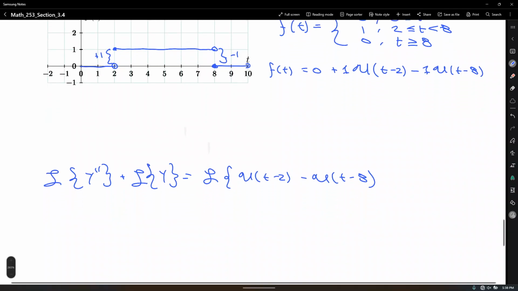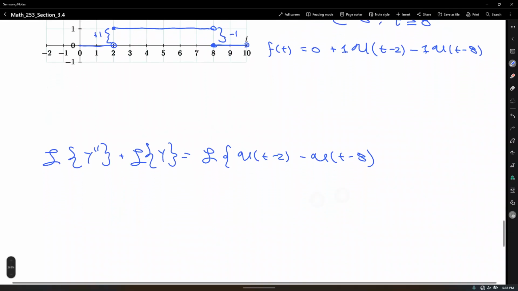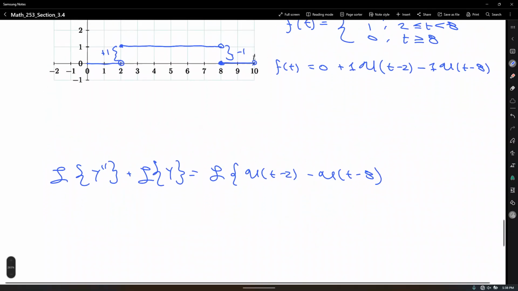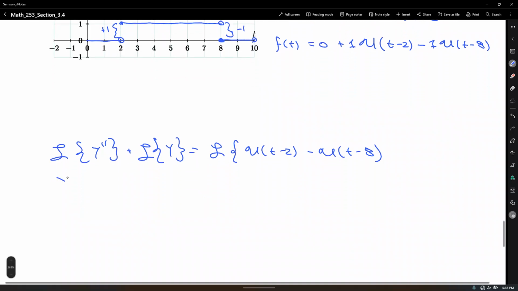So the transform for the second derivative, well, what was that? It is s squared y of s minus s y of 0 minus y prime of 0, isn't it?